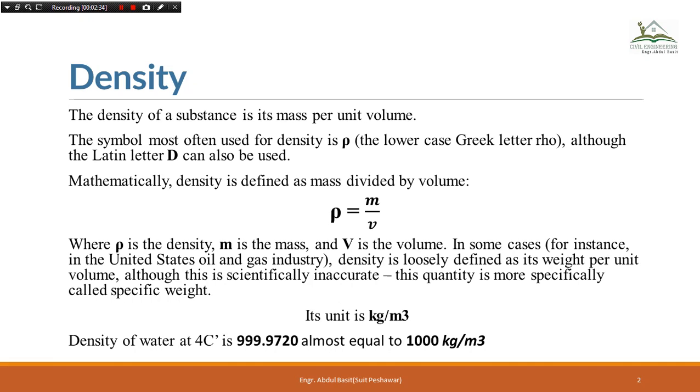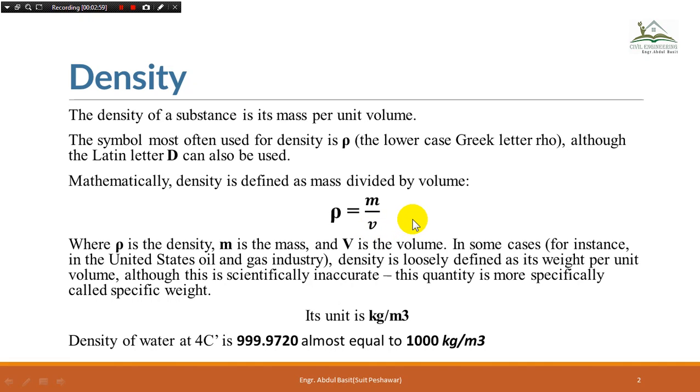The mathematical form is rho is equal to m divided by v. This rho is the term used to denote the density, m is the mass of the substance for which you are going to determine the density, and v is the volume, which can be any unit volume.